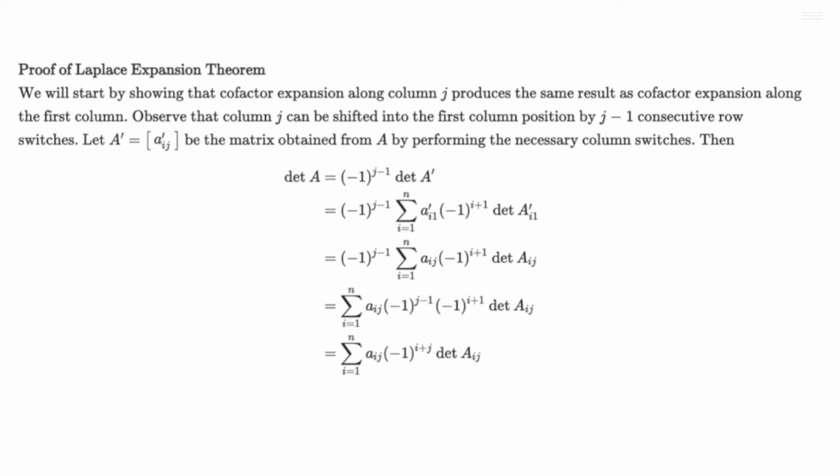So we observe that the column j can be shifted into the first position by j minus 1 consecutive column switches. So let A prime equal the matrix formed by the necessary column switches. If you're confused what that all means, don't worry, I'm in the same boat as you. I've spent a month on this project, so let me explain.